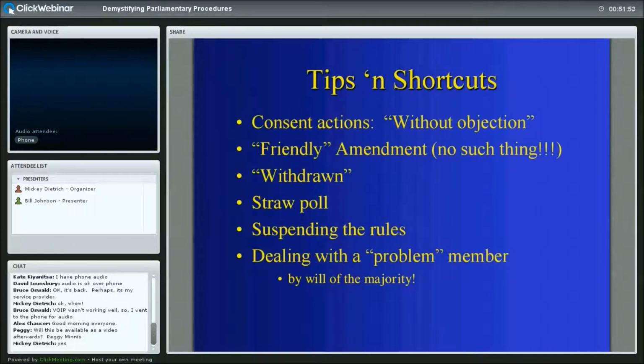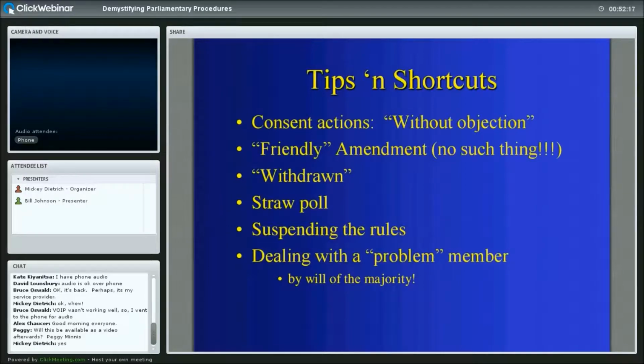Just an informal straw poll that's not recorded in the minutes. It is not a decision, but it gives the presiding officer and everybody in the room a sense to gauge how we're doing. Are we getting closer to consensus? Are we getting further apart? Perfectly good way to do things.